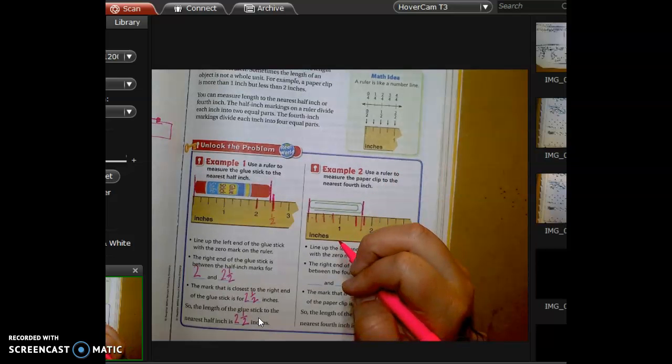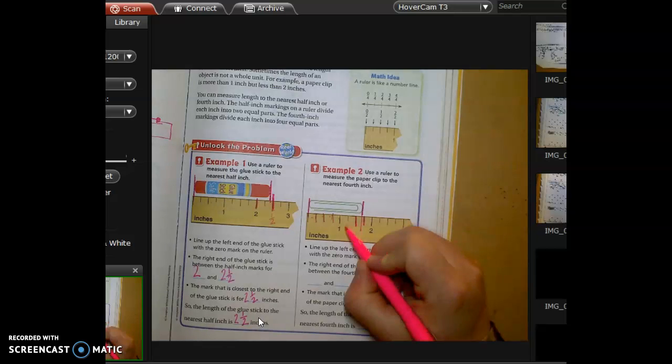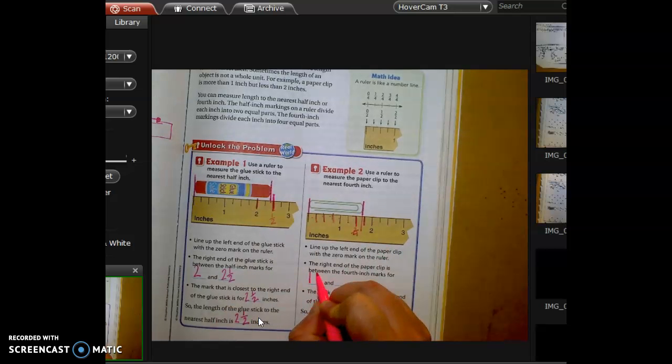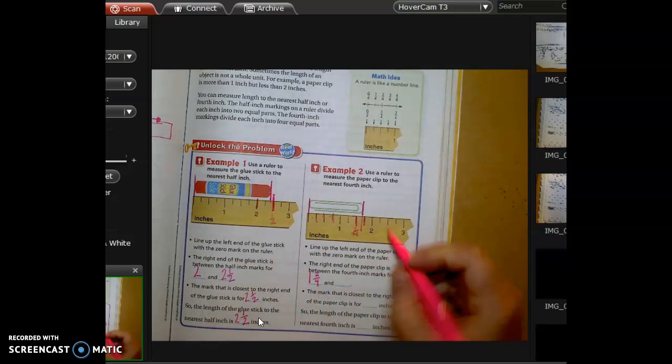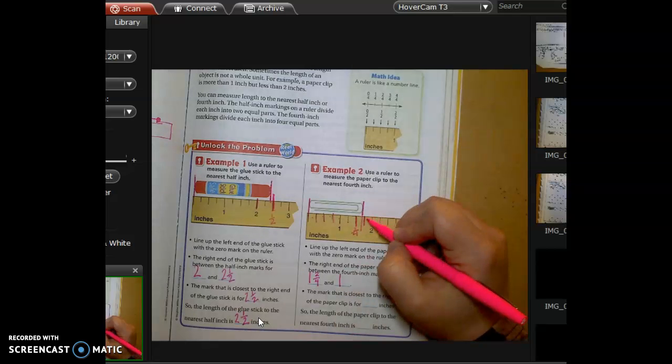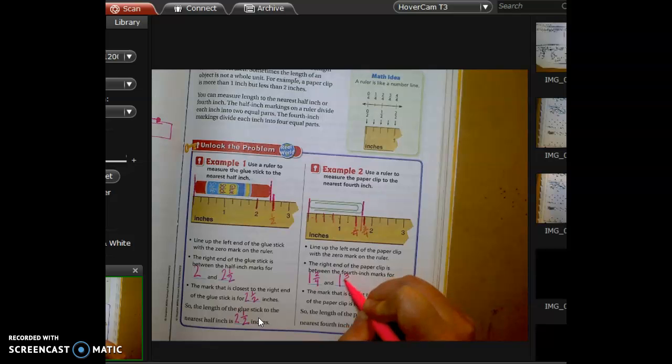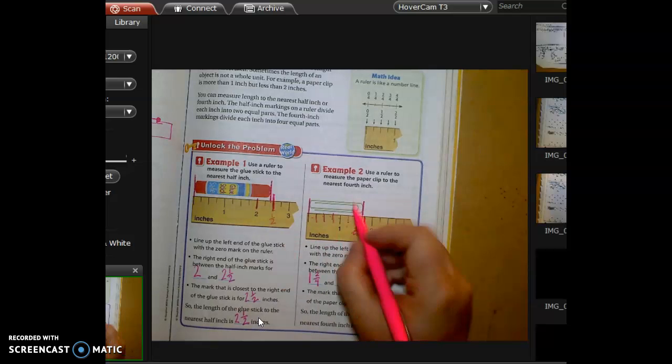Okay? So this one, that would be 1/4, 2/4, and we're at the 1. So it's between 1 and 2/4 and 1, and how many fourths would this be? We're just counting on our number line. 3/4. Just labeling the fractions on it like a number line, your ruler, boys and girls.